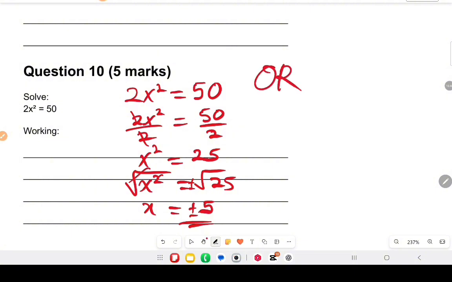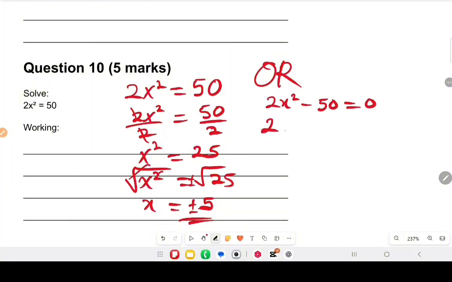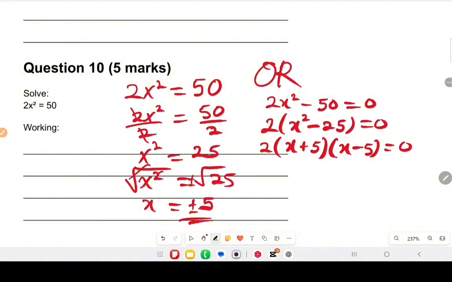Or we can move 50 to the other side the way we solved the other one, which will give us 2x squared minus 50 equal to 0. Now, what is common? We have 2 is common into x squared minus 25 equal to 0. Now, in this case, we have 2 into, if we use difference of two squares, we have x plus 5 into x minus 5 equal to 0.